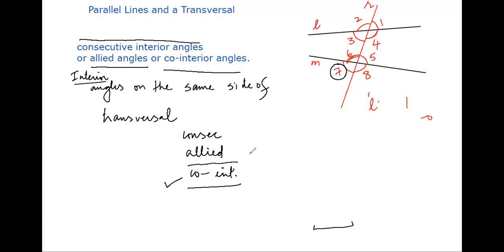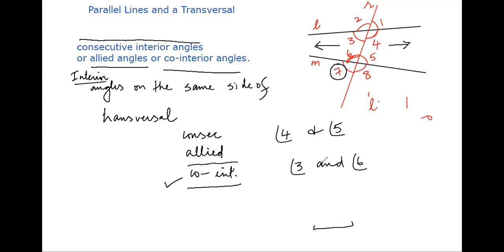So students, what are the co-interior angles in this case? See, this is the transversal R. And what are the interior angles? 3, 4, 6, and 5. Now, angle 4 and angle 5 are on the same side, the right side. And the angles on the left side of the transversal are 3 and 6.